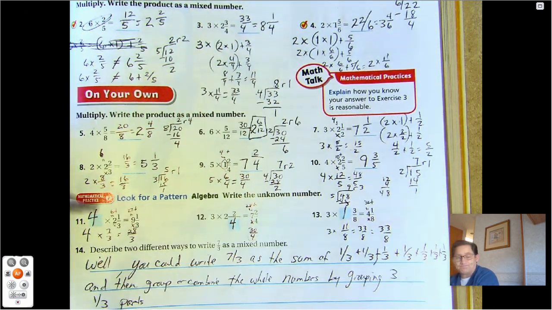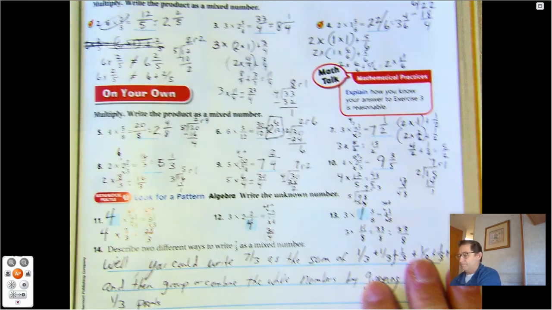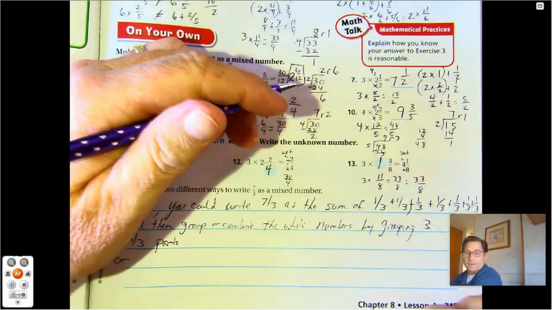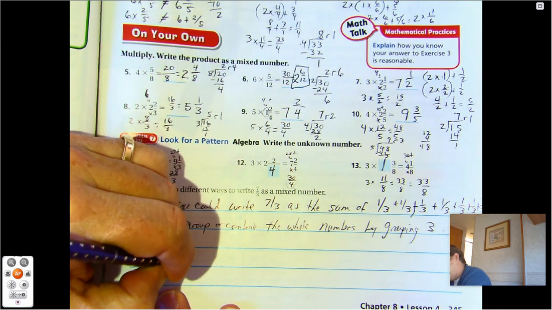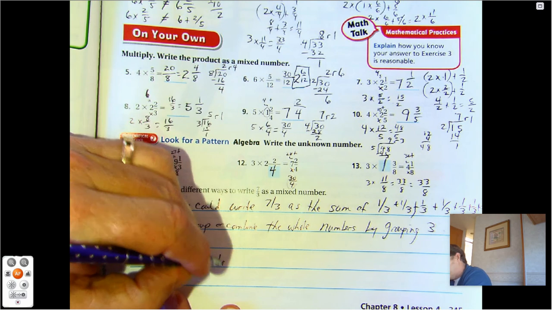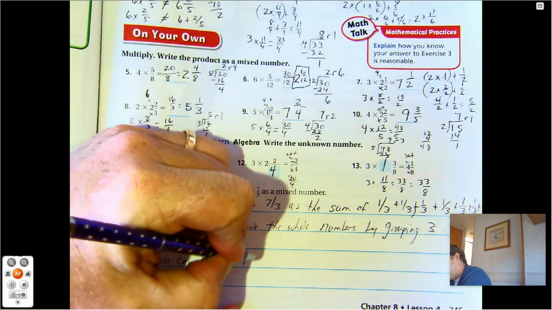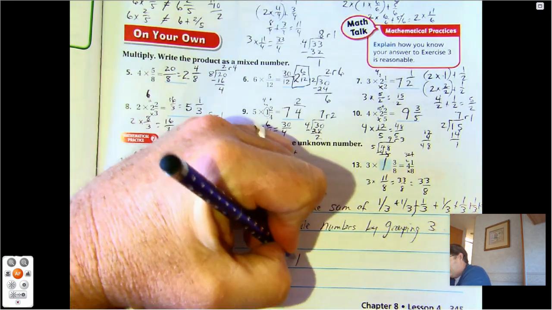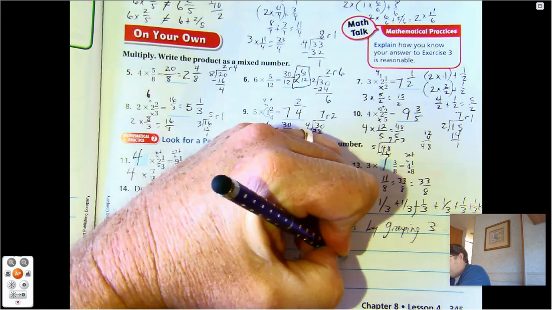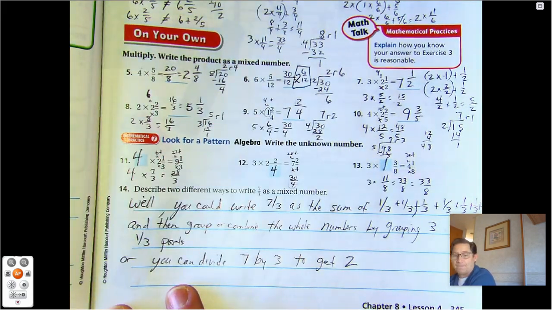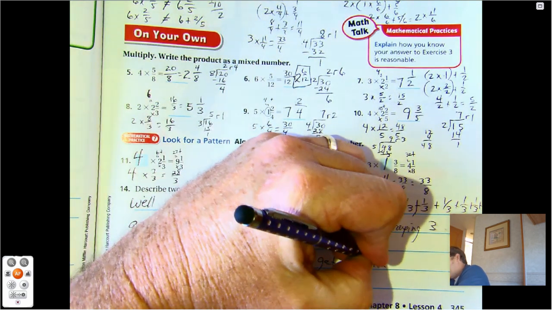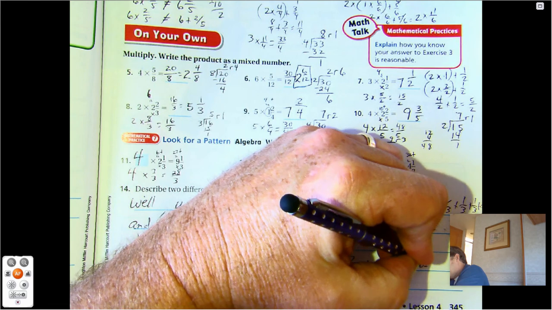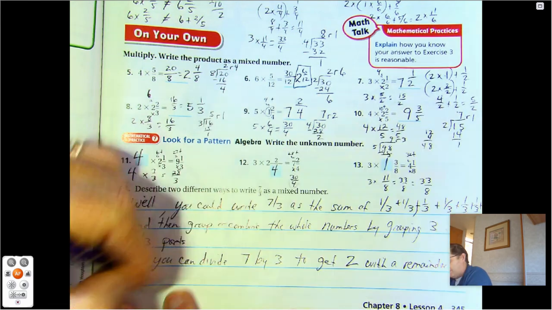Or you can divide 7 by 3 to get 2 with a remainder of 1.